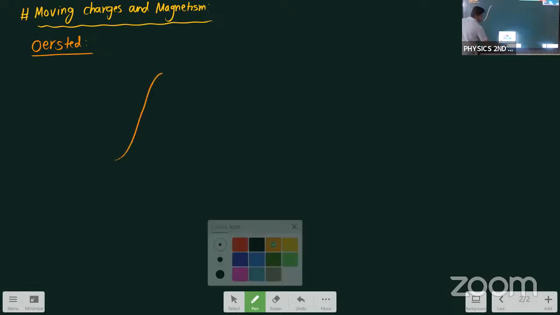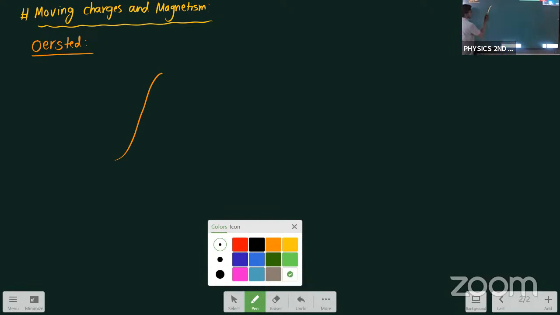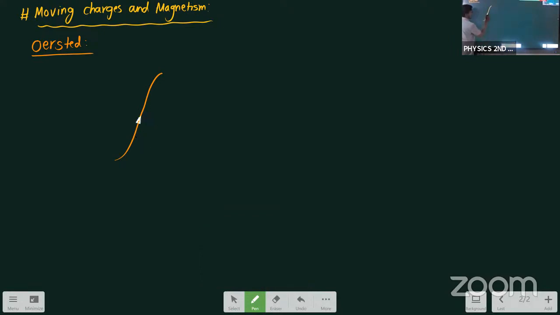Now see here, before entering into the concepts, let us discuss a few important points regarding how magnetic field is generated and how we represent the magnetic field. There was a scientist whose name was Ørsted. What he came to know is that, assume this is a wire, through this wire a current is flowing, a small amount of current.